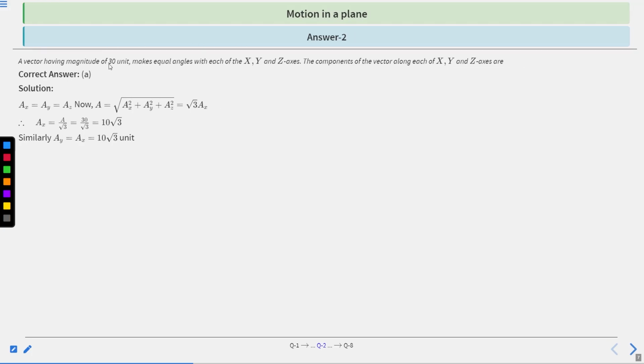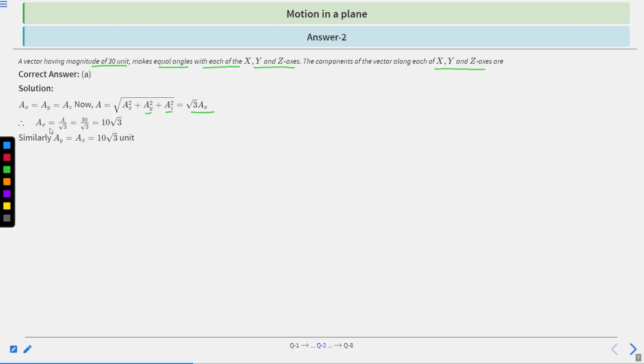A vector having magnitude 30 unit makes equal angles with each of the x, y, and z axes. Suppose the components of the vector along each axis are ax equal to ay equal to az. Now the magnitude of A is equal to under root ax square plus ay square plus az square, which is under root 3 ax.